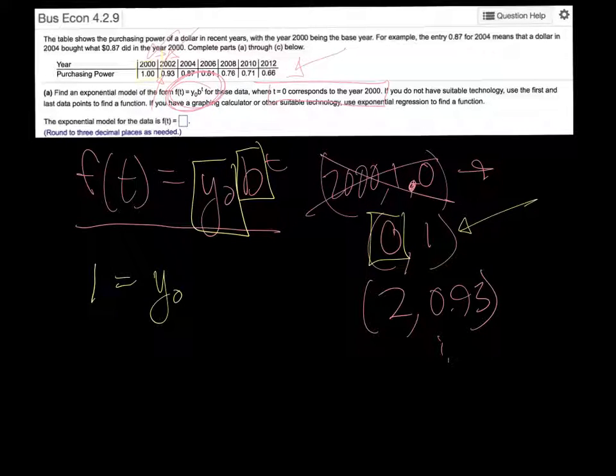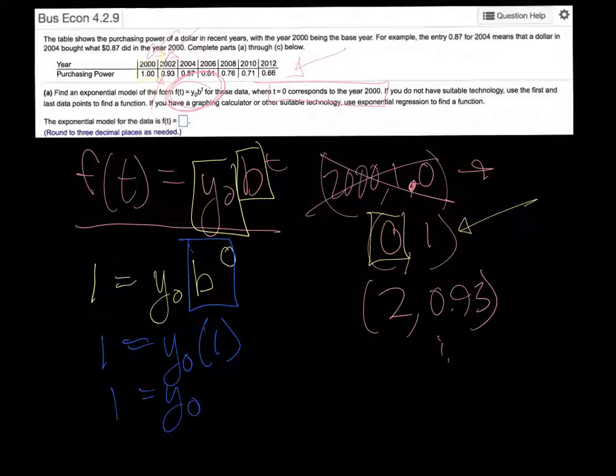So I'm just basically going to substitute those values in. And so t is equal to 0. But as we know, when any base is raised to the exponent of 0, we get a power that's equal to 1. So this equation can be simplified to be 1 equals y sub 0 times the number 1. y sub 0 times 1 is y sub 0. And so this should tell us that y sub 0 is equal to 1. And that's going to be for all situations.